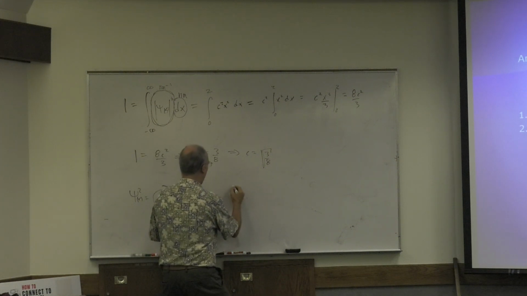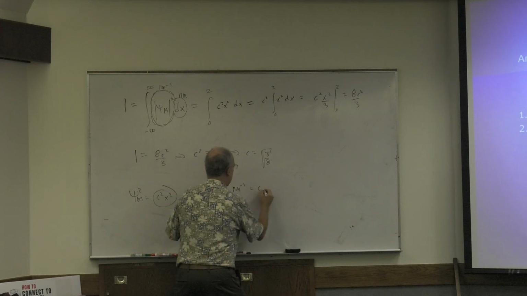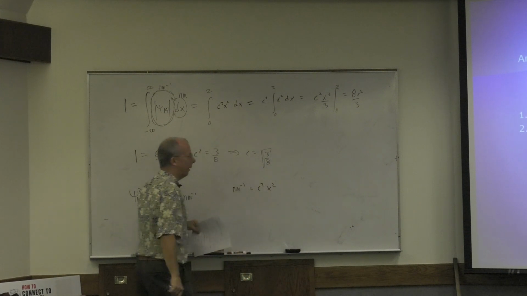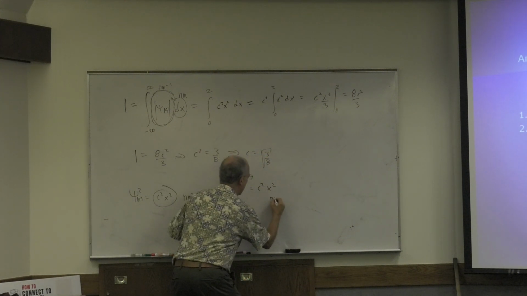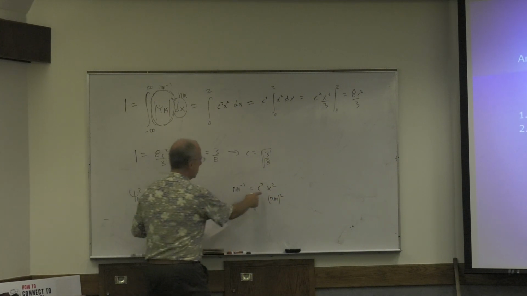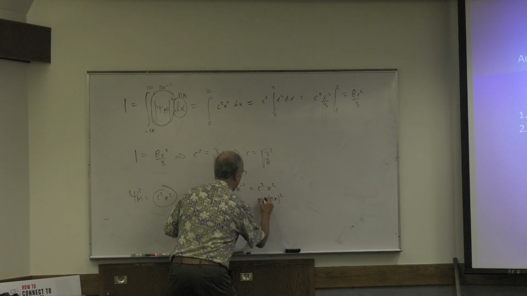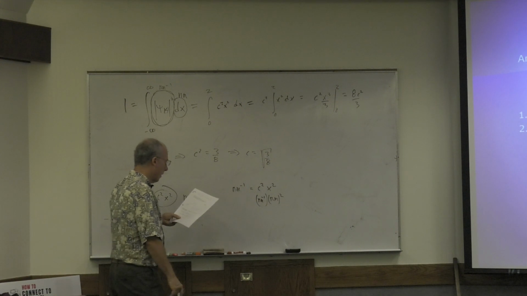We want nanometers to the negative 1, and we have c squared x squared. Well, what's x squared? x squared is nanometers squared, right? So what does c squared have to be? It has to be nanometers to the negative 1, right? Agree? Am I doing this right?